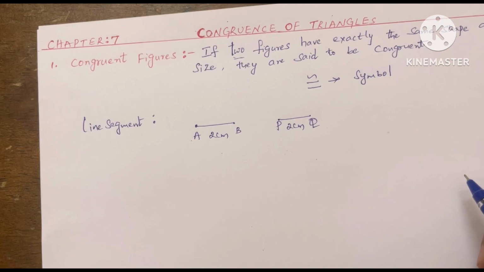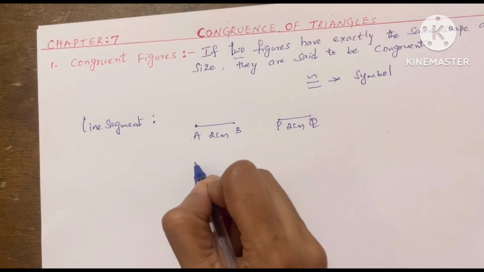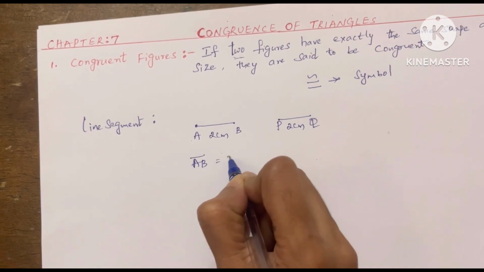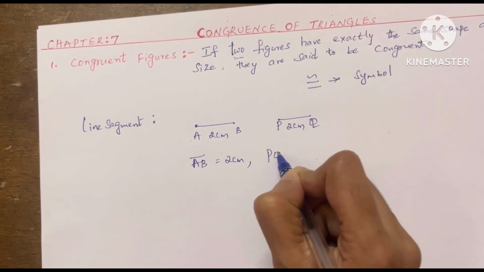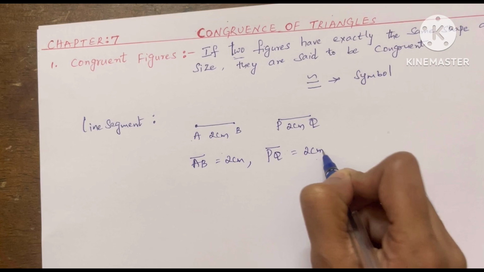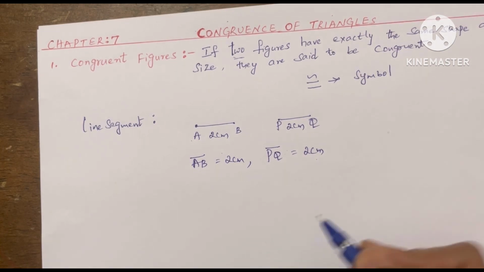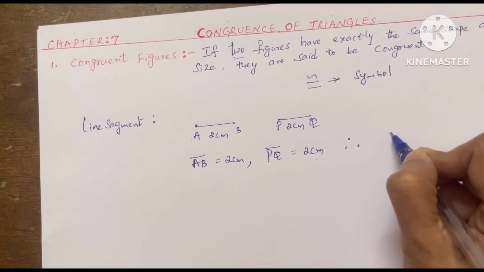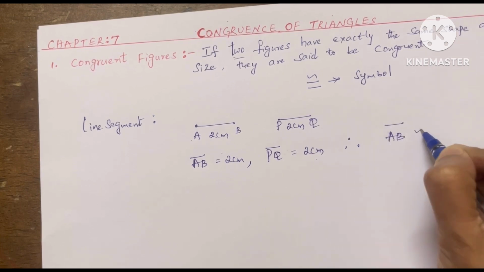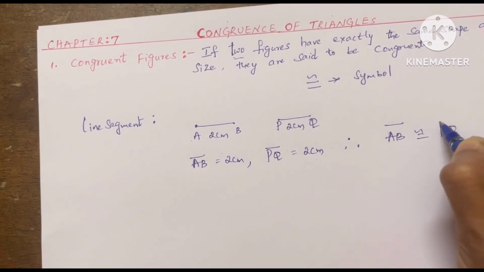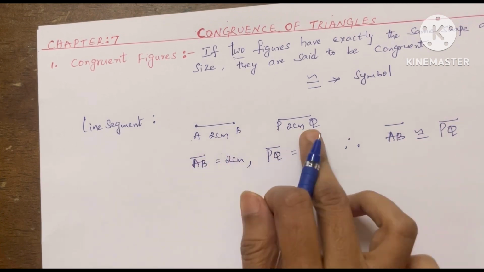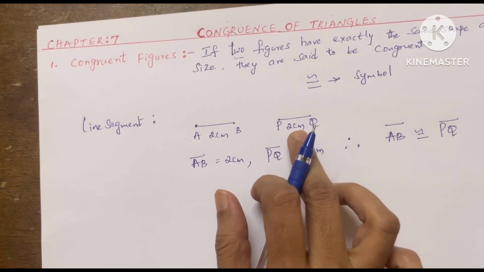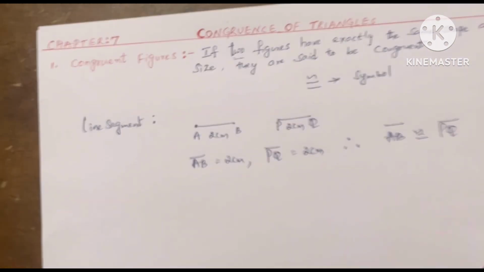Then I am going to say that the two line segments are congruent if they have the same length. That is, AB bar is equal to 2 centimeters and PQ bar is also 2 centimeters. Then I am going to say that AB bar is congruent to PQ bar. These two line segments are congruent figures.